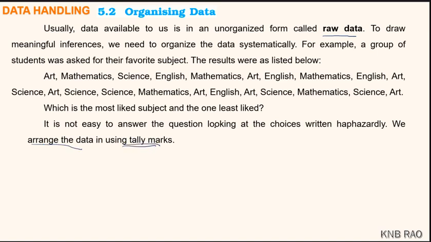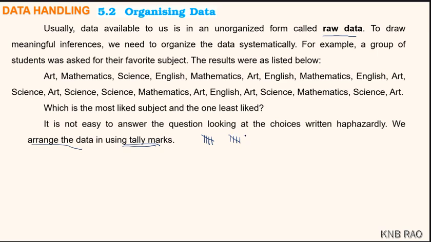What do you mean by tally marks? You learned that in your class 6th and 7th, making a count with the help of vertical lines as a group of 5. So we normally make 1, 2, 3, 4 vertical lines while counting, and the fifth one we will take as a slanting line.